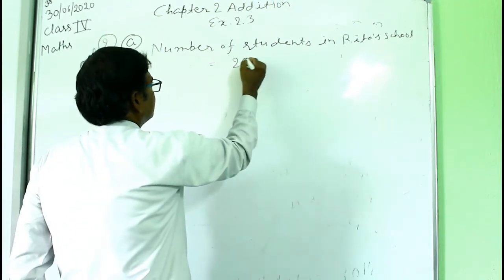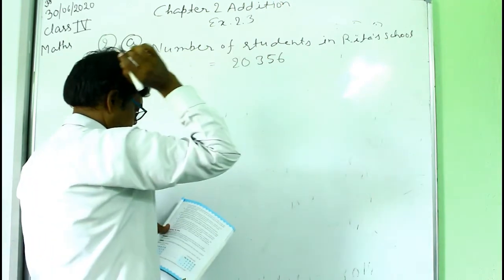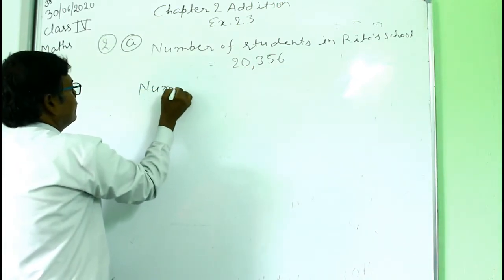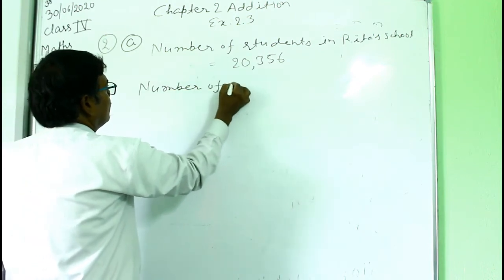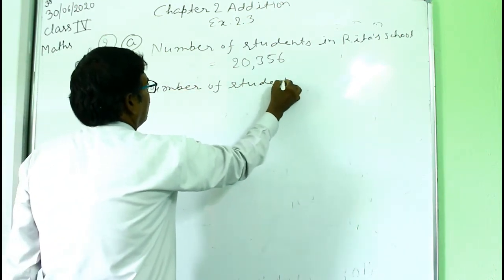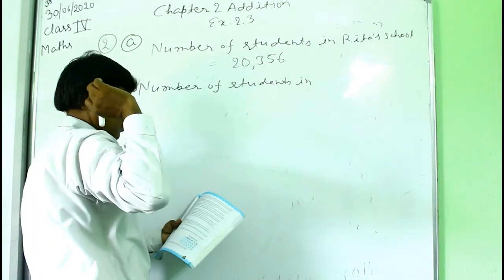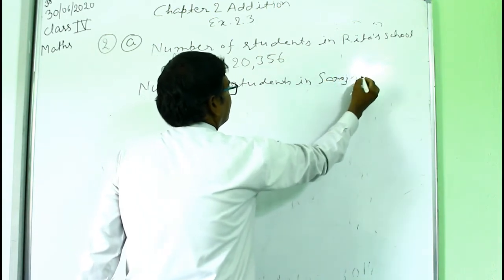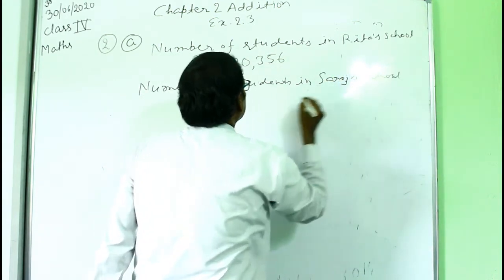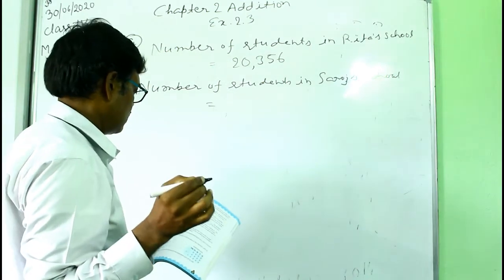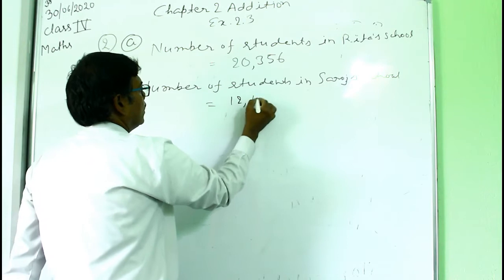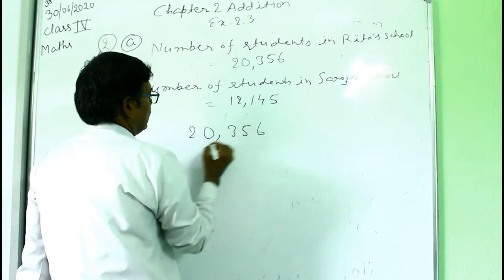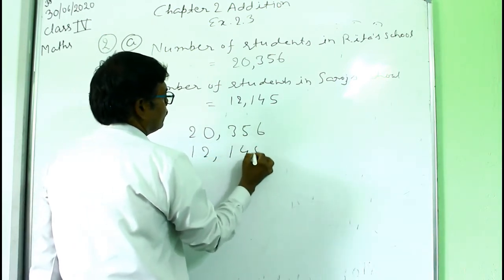Number of students in Rita's school equal to 20,356. And in Saroj's school equal to how much? 12,145. So now add the numbers 20,356 and 12,145.